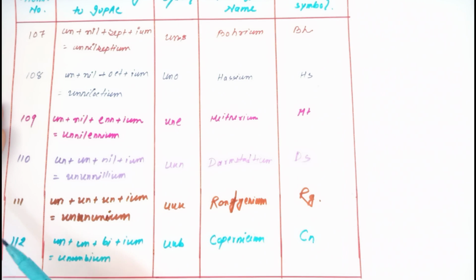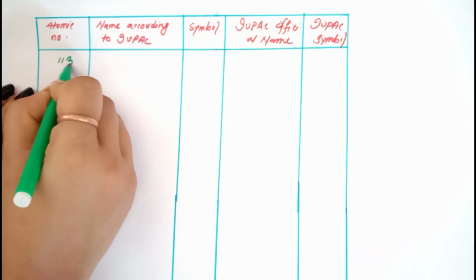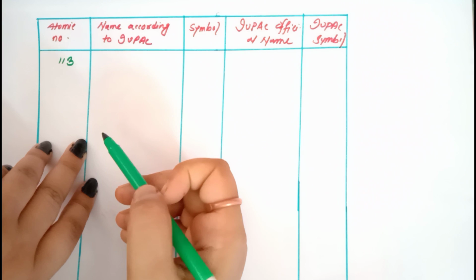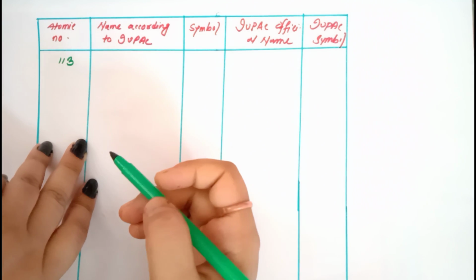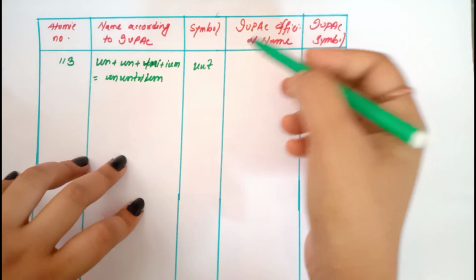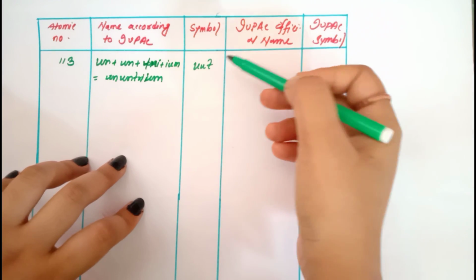The elements having atomic number 111 and 112 are named Unununium and Ununbium. See the next element, atomic number 113. The name according to IUPAC will be what? The symbol will be Uut.